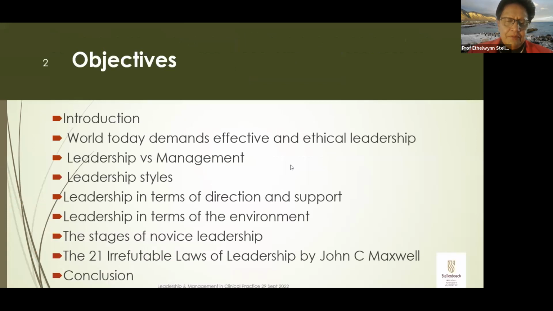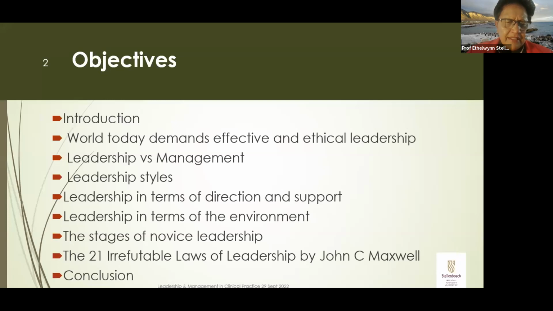So there are a few objectives that I have listed for you that we'll go through. The first is the introduction. The world today demands effective and ethical leaders. Leadership, first management, we just need to talk about that. Not going to dominate the management, but just to understand the difference between the two.